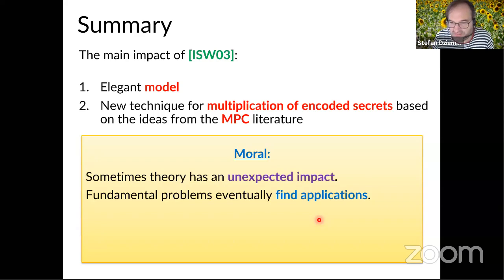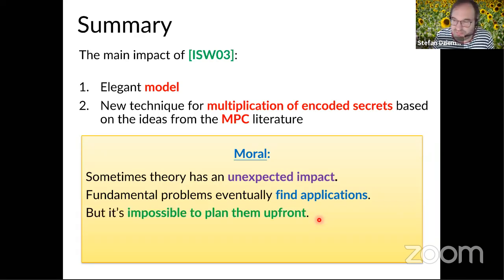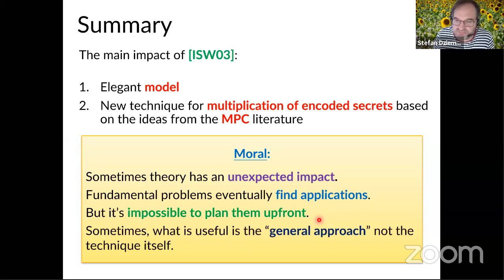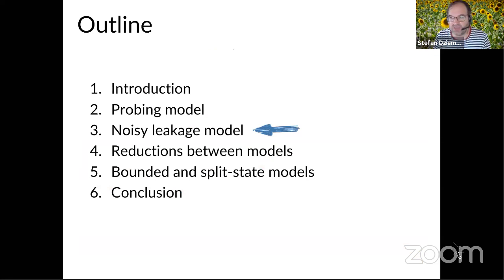And sometimes it really turns out that it works in practice. But it's of course impossible to plan upfront. And sometimes what is useful is the general approach or the general spirit, not the technique itself. Okay, so that was the first part about the probing model.